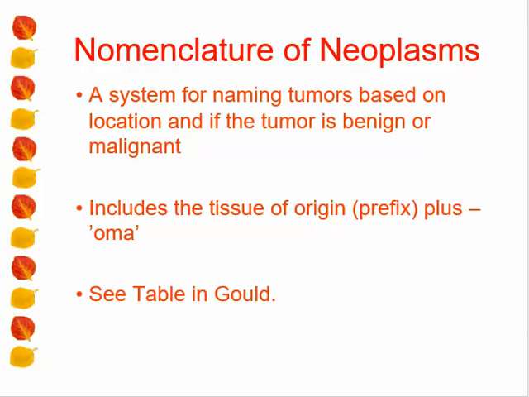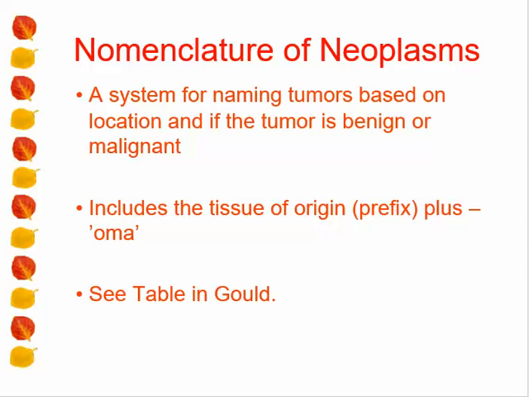So I've already kind of mentioned this. When we name tumors, we use OMA to indicate whether it's benign, or sarcoma or carcinoma if it's malignant. We usually include the tissue of origin in the name.